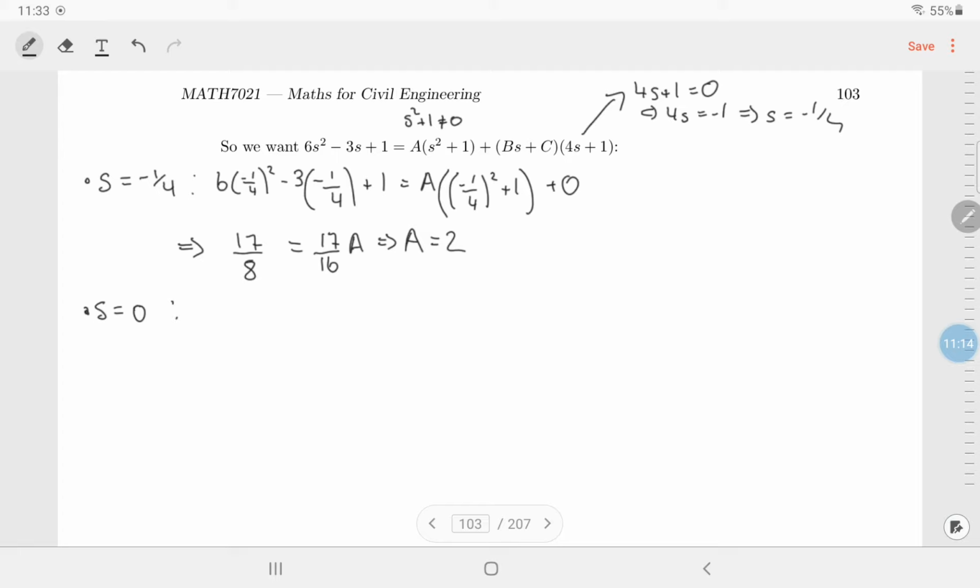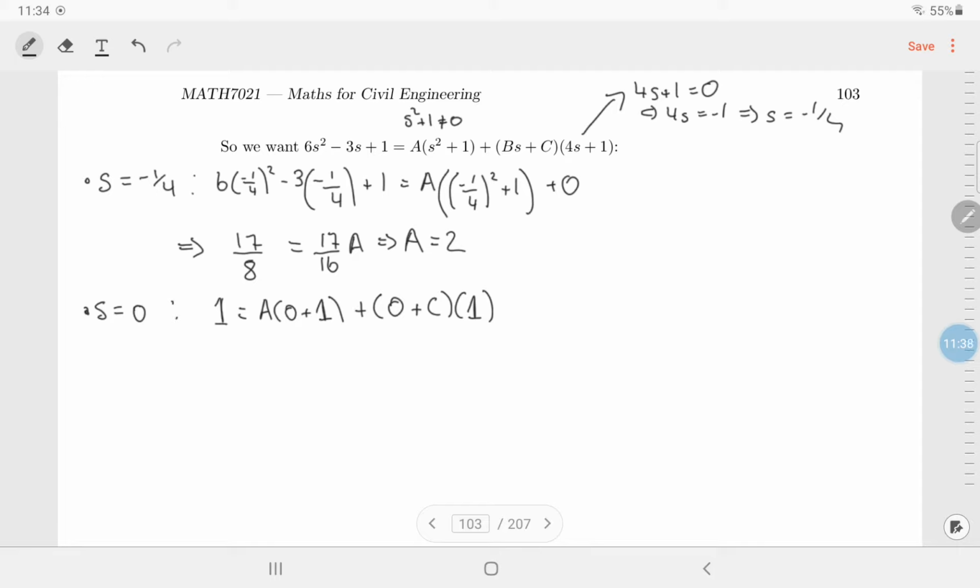So 6 times 0 squared is just 0, minus 3 times 0 is just 0, so on the left we just have 1, equal to a times 0 squared is 0, plus 1, plus b times 0 is 0, plus c, 4 times 0 is 0, plus 1 is 1.